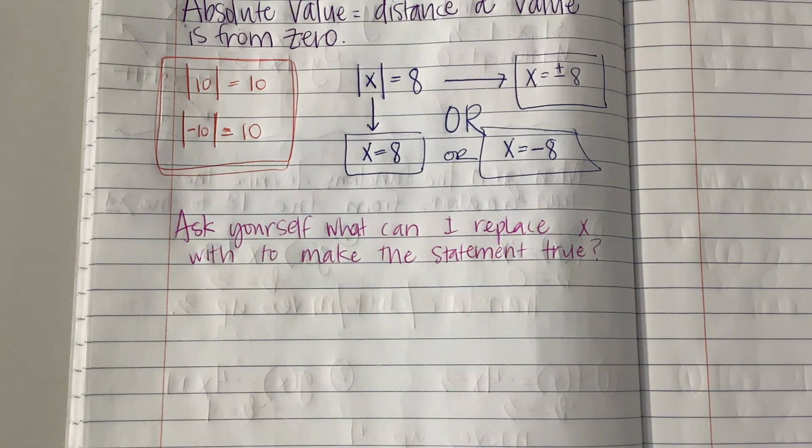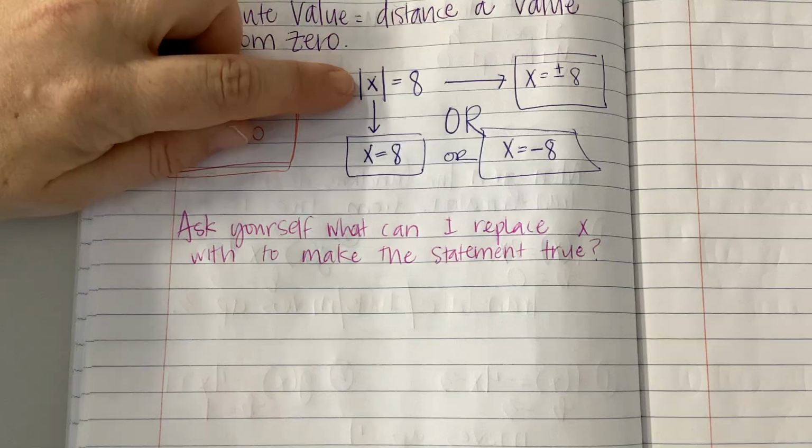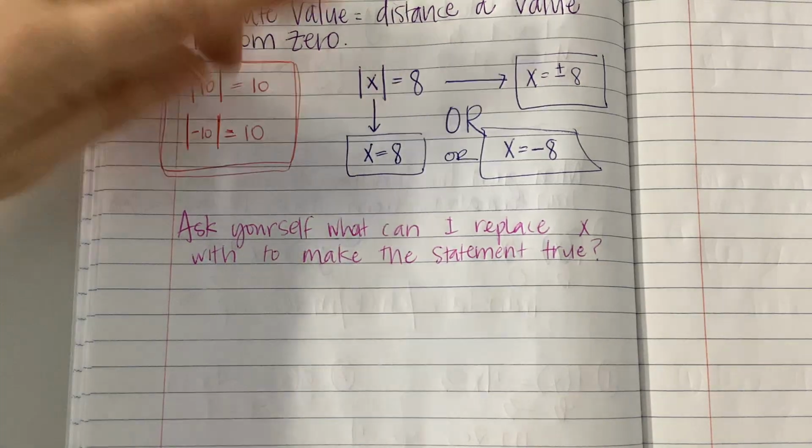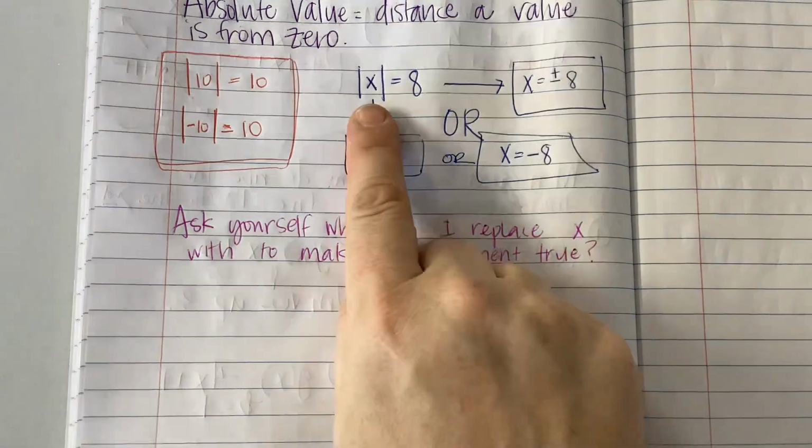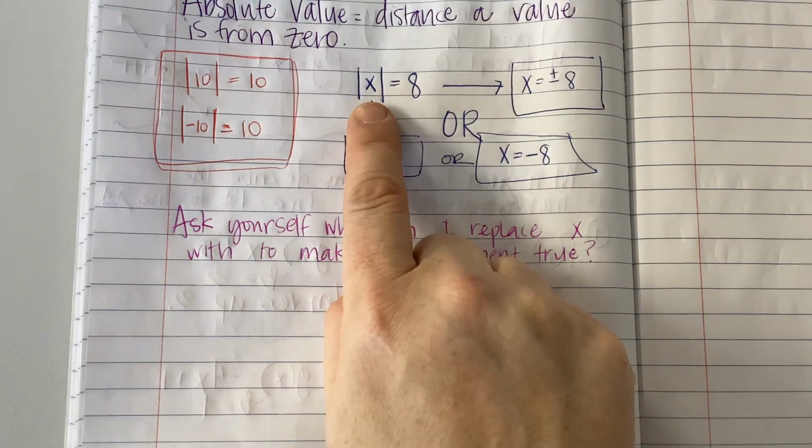My problem up here said the absolute value of x is 8. What can I replace x with to make it true? I can replace it with 8, or I can replace it with -8. Both are true. Can I put in 10? No.